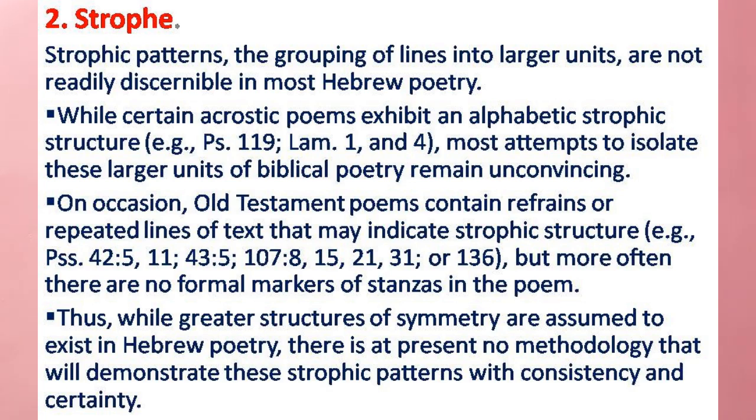So we can divide it into different groups or strophes, but we cannot tell that the Hebrew poetry was written, or the original author intended it, this way, because we don't know the exact nature of Hebrew poetry completely.